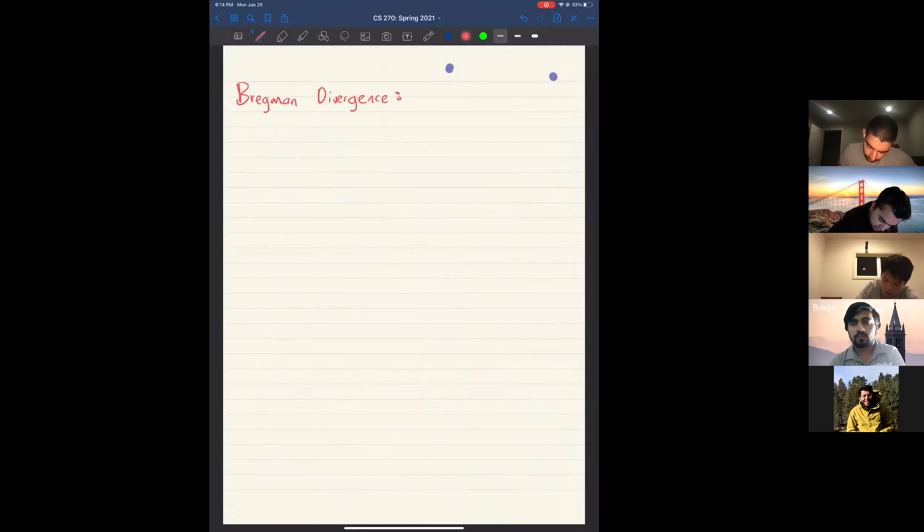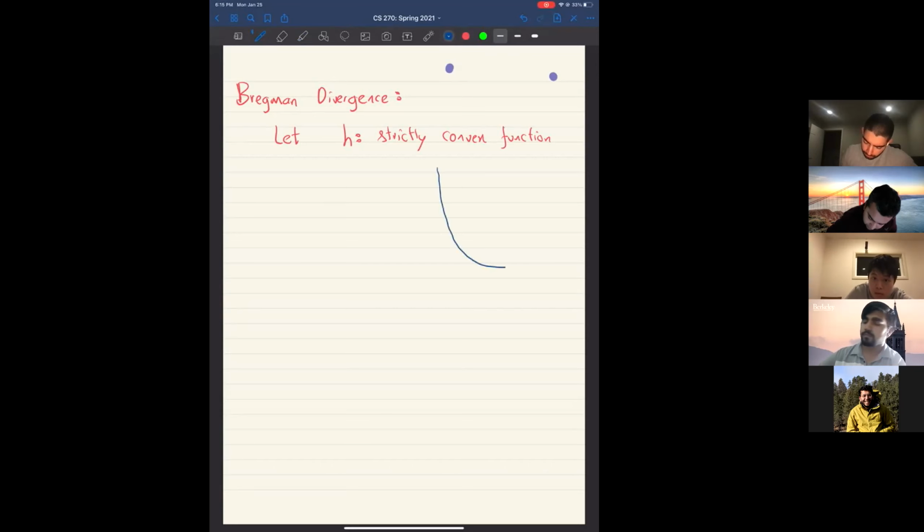You pick a strictly convex function, or you could even say strongly convex. But basically, a strictly convex function is a function that is never flat. There's no section of it which is flat. It's never a linear function. There's always a little bit of tilt upwards at every point.